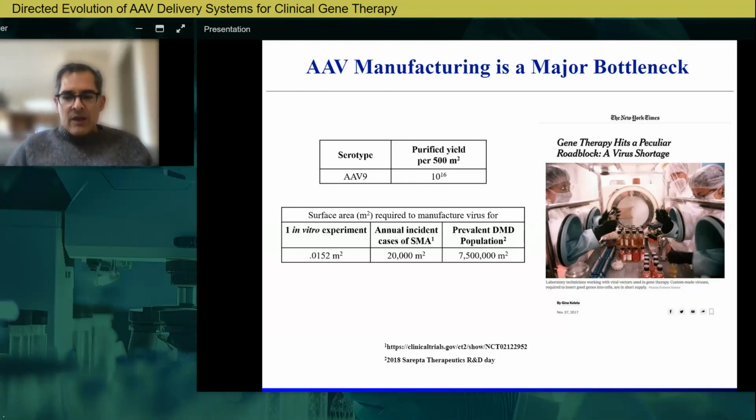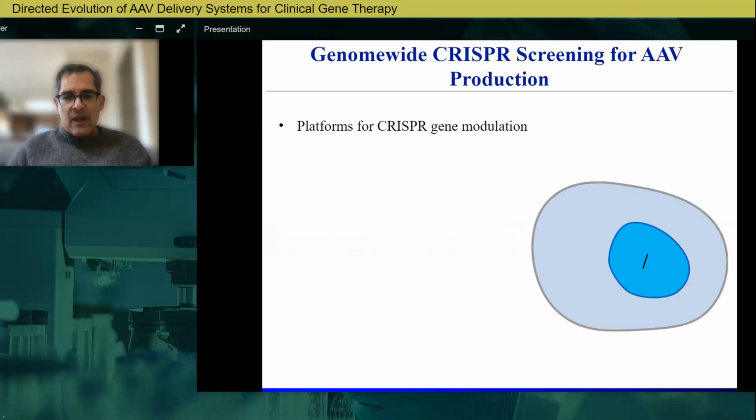By the same token, AAV manufacturing is typically conducted in adherent mammalian cell culture, and specifically HEK293 cells. And there's nothing about HEK293s that prepared them to be optimal for AAV manufacturing. So we decided to start using diversification and selection approaches to engineer new versions of 293s that were optimal, or at least better, for AAV production.